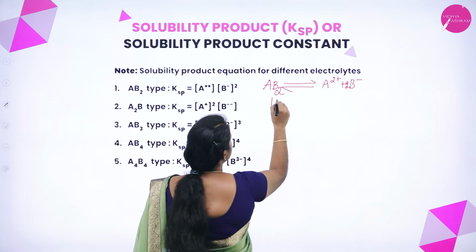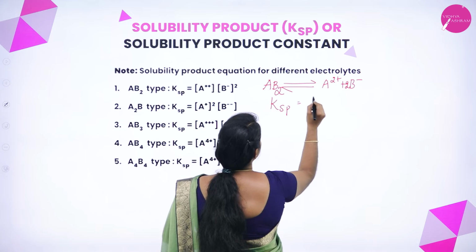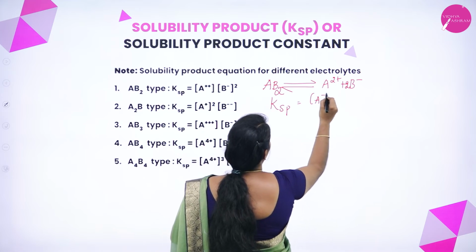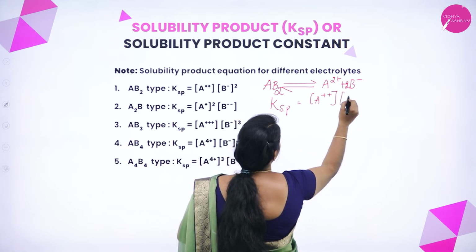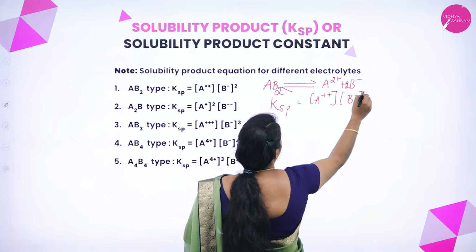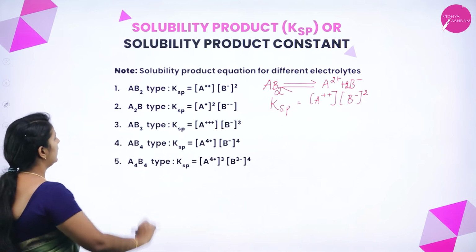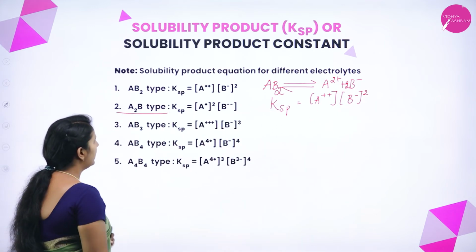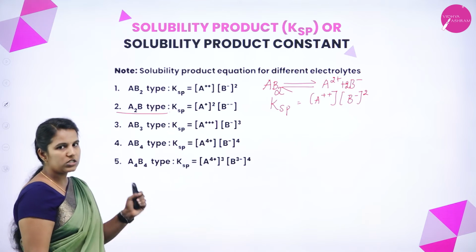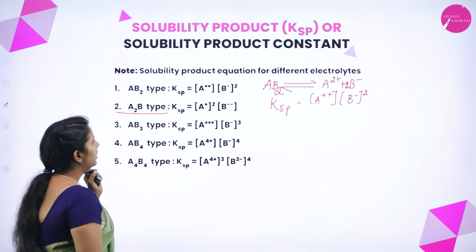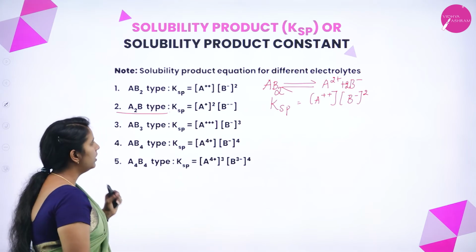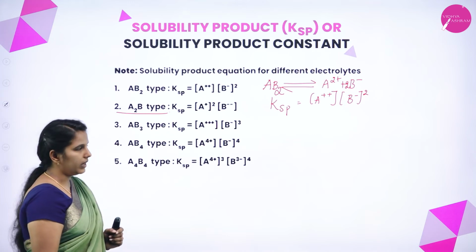So, what is the KSP value I can write for this? It is the molar concentration of A into the molar concentration of B raised to the power of 2. Similarly, for A2B type, the KSP value will be the molar concentration of A raised to the stoichiometric coefficient 2 times B.